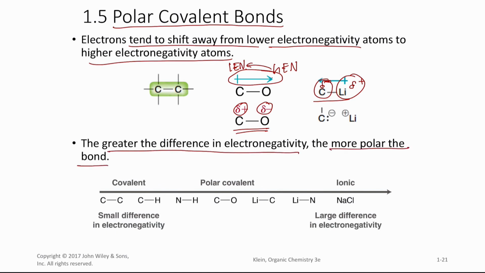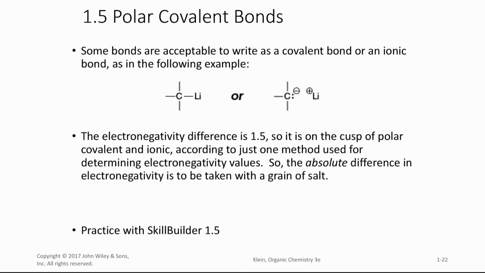So as you start at the covalent structures, for example, C to C, C to H, you get polar covalent structures from nitrogen hydrogen, carbon oxygen, lithium carbon, lithium nitrogen, and then you enter the structure of ionic, which is NaCl. So you start with a really small difference in electronegativity to end up with a large difference in electronegativity.